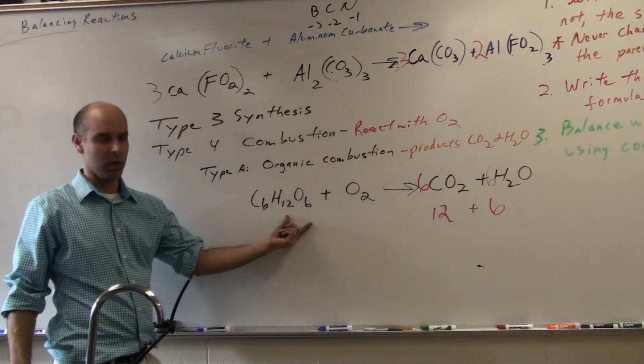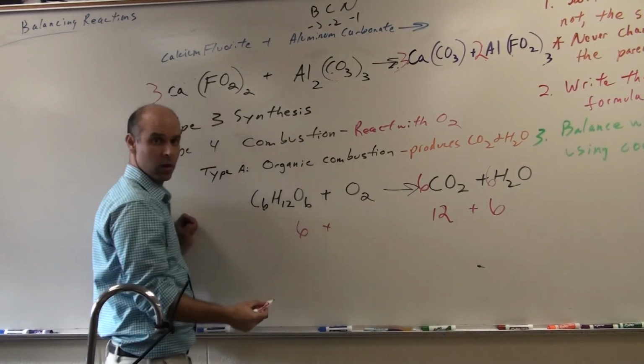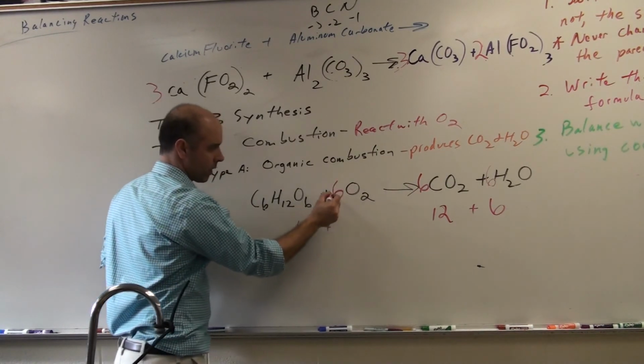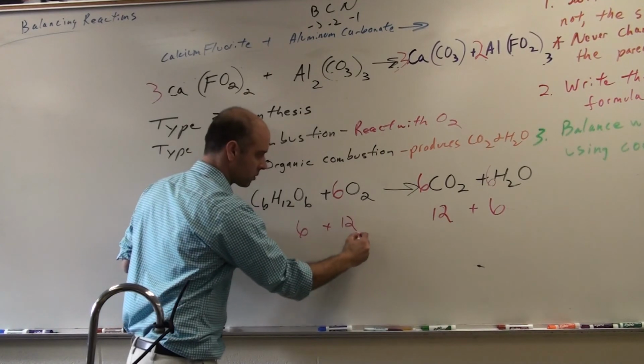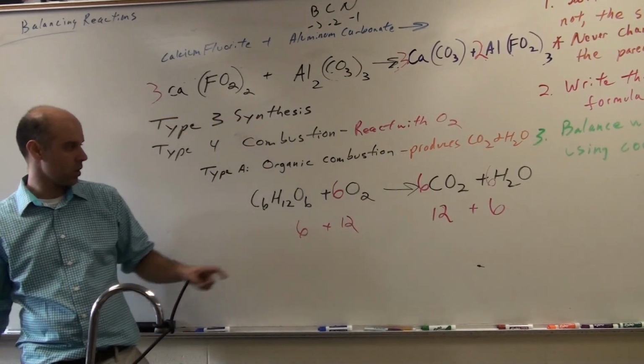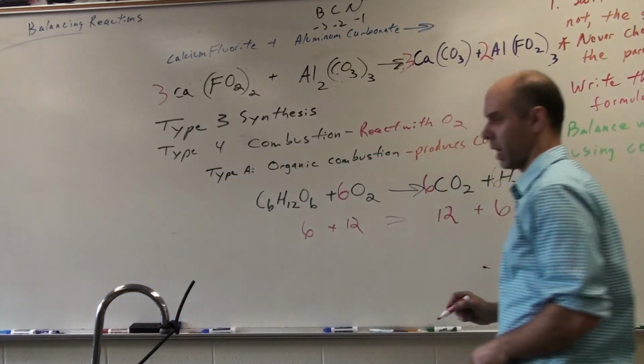How many do I have over here? 6 plus 2. Balance the element. If I put a 6 there, that would give me 12 oxygens. So 6 plus 12, that does balance.